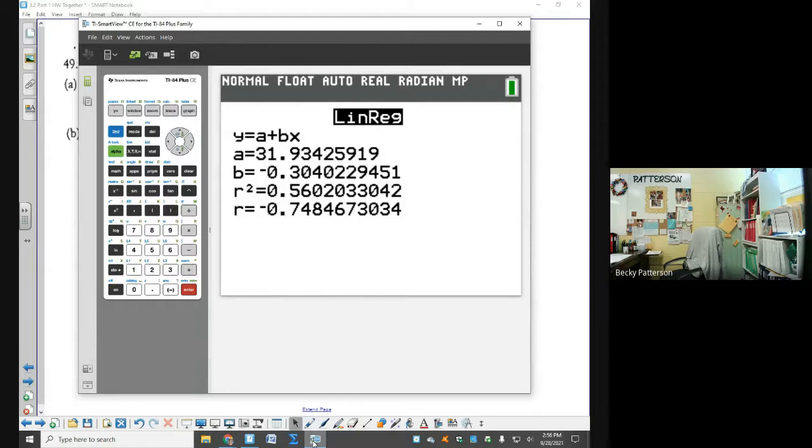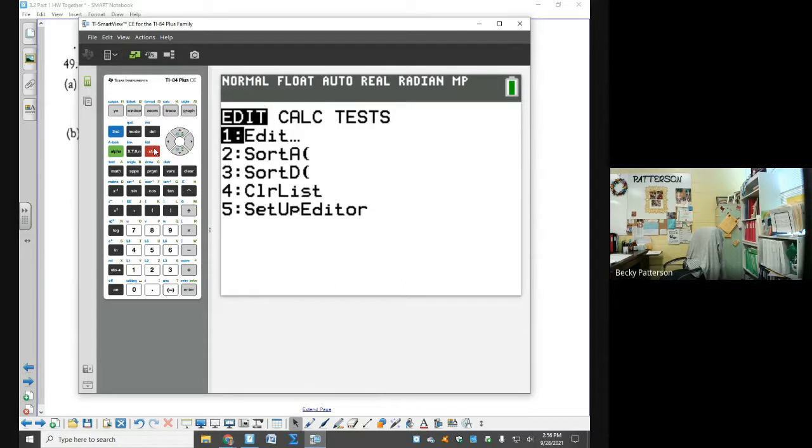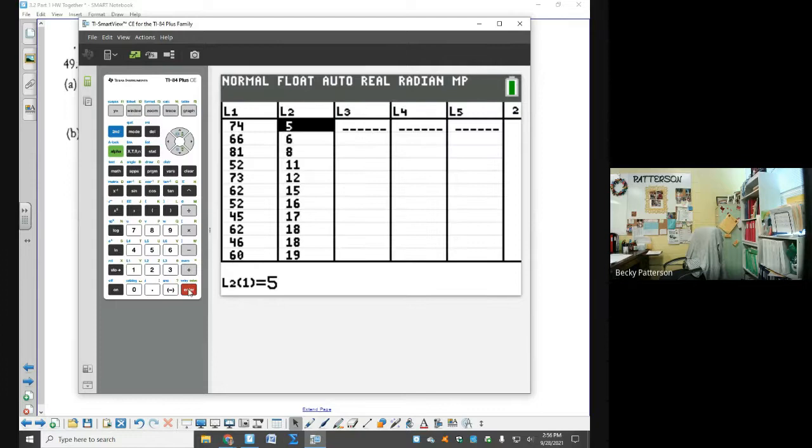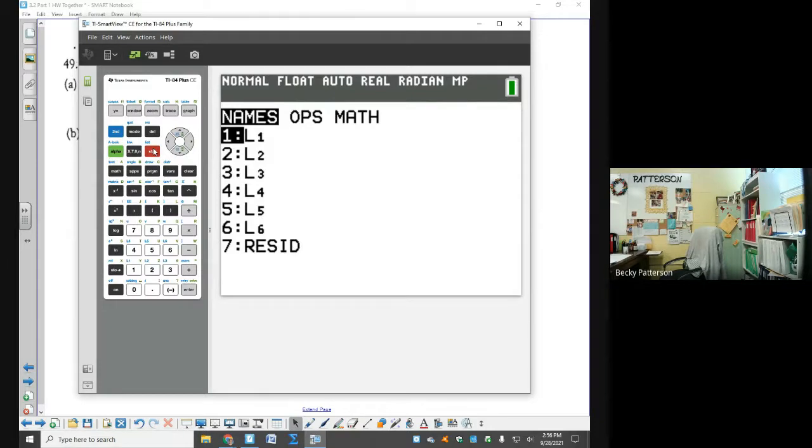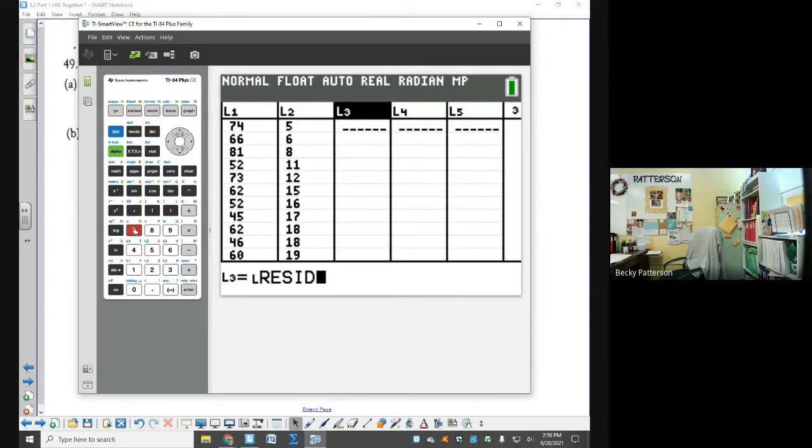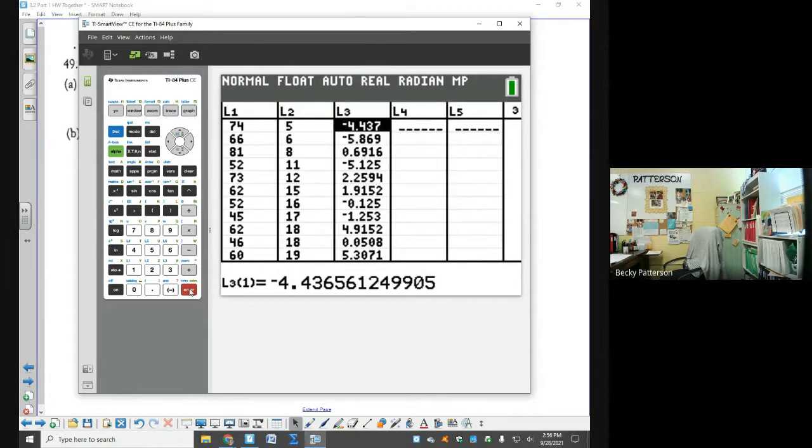First, you have to get the residuals. Now, I've already told my calculator how to get the equation. So where do I go? Stat, Edit, L3. Where is it, guys? List, yep. And there he is. Boom.